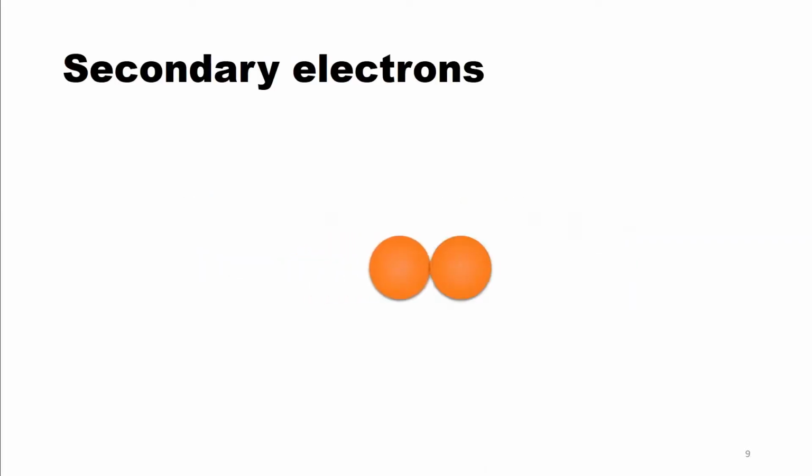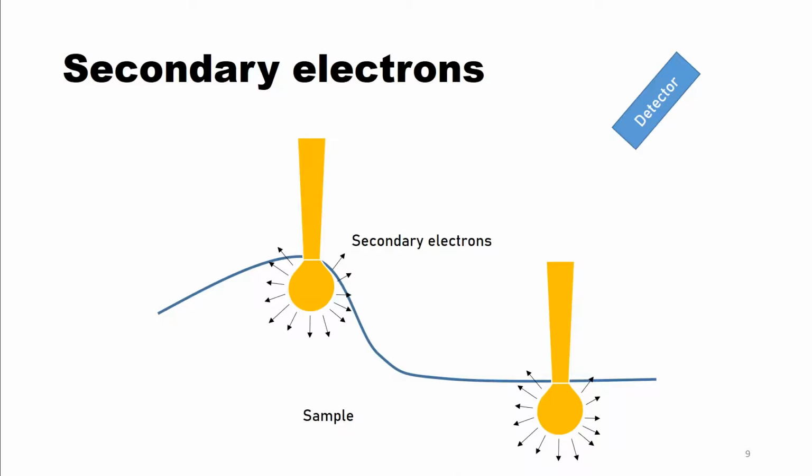Now, secondary electrons. We already know how they are produced. The keyword is inelastic scattering, which means energy is lost. But what information do secondary electrons contain? In this picture, we can see a surface which we might want to analyze.